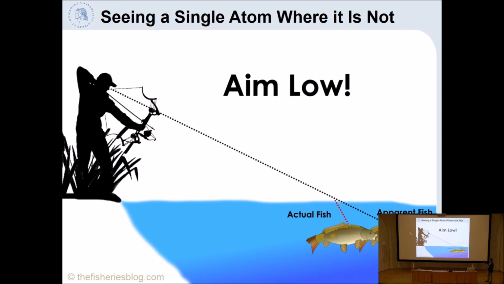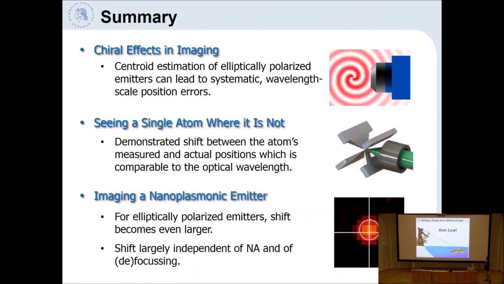However, for the bowfisher there is a dielectric medium, so it's in a sense not surprising that there are those shifts. But the effect that I was describing happens because of the coupling of the ion to a free space mode, which is perfectly symmetric and defined by a cylindrical lens.